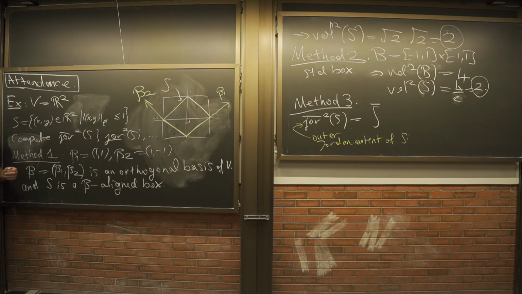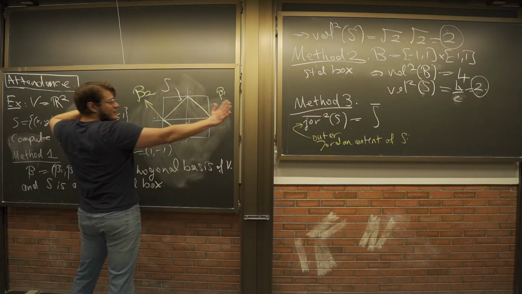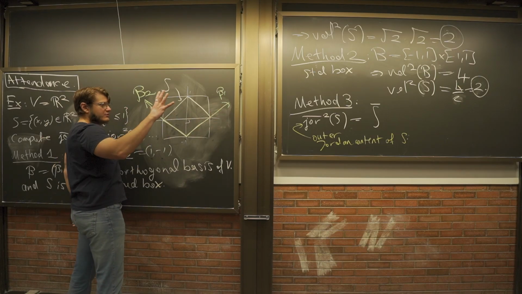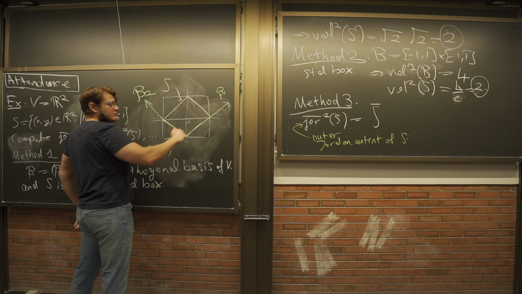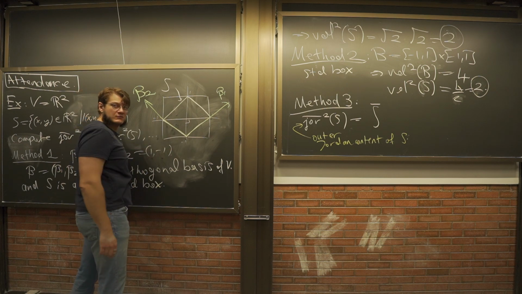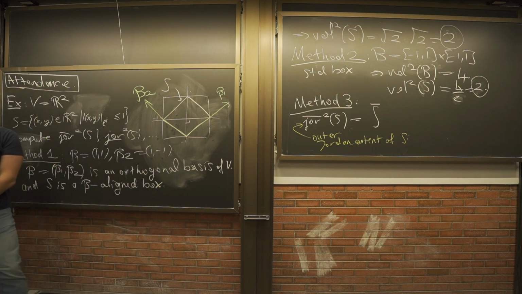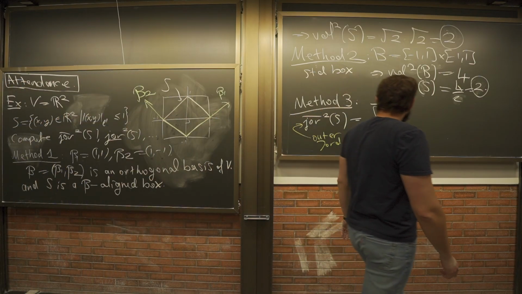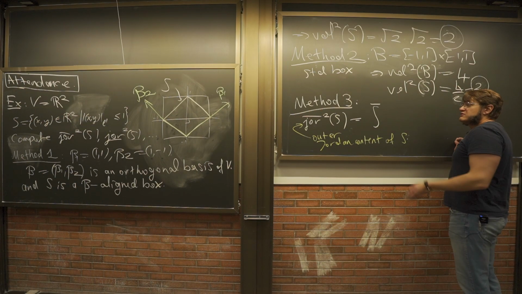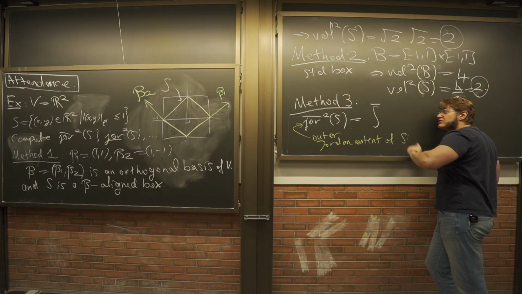Meaning, it's a function whose graph is lifted up by 1 unit over S, and it's 0 otherwise. It's a 0, 1 signal, if you want. And so this outer Jordan content of S is nothing but the upper integral of its characteristic function.